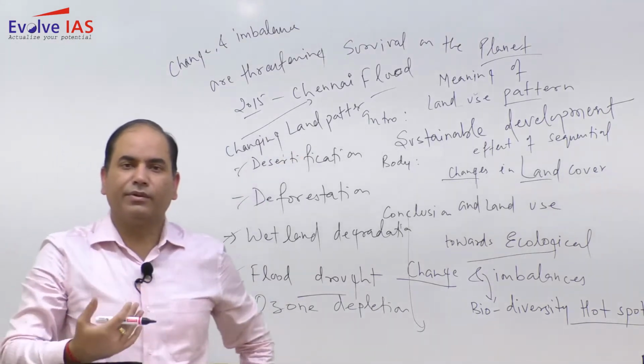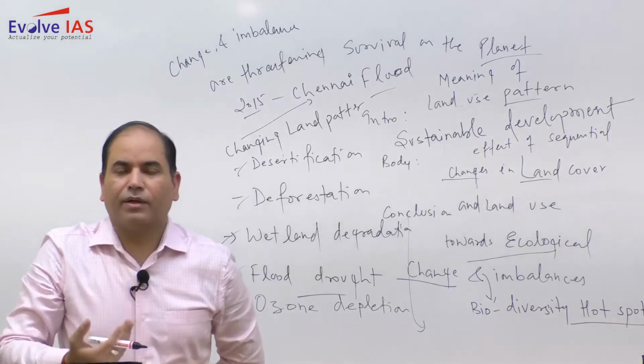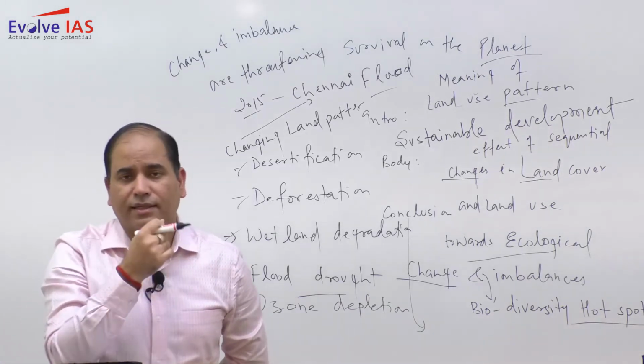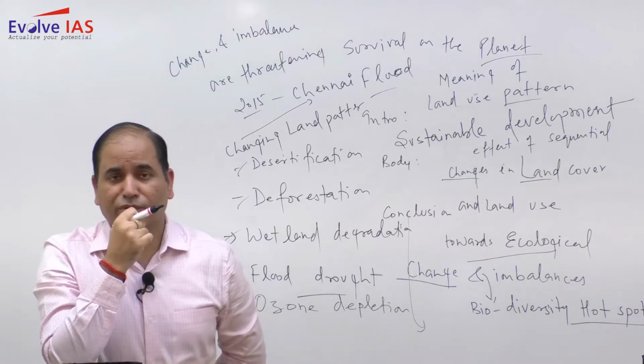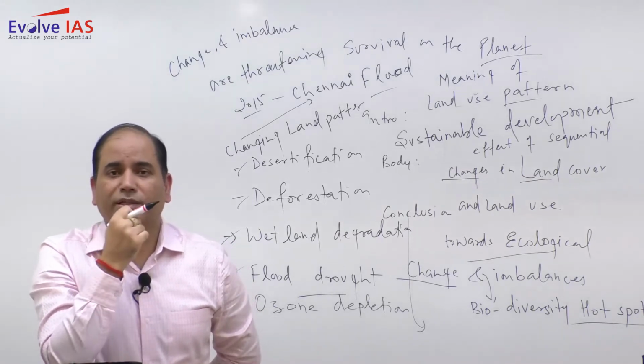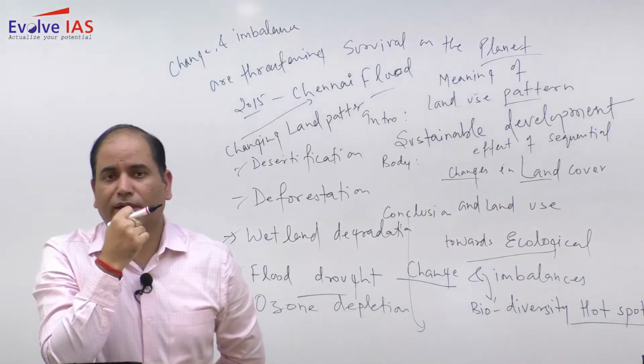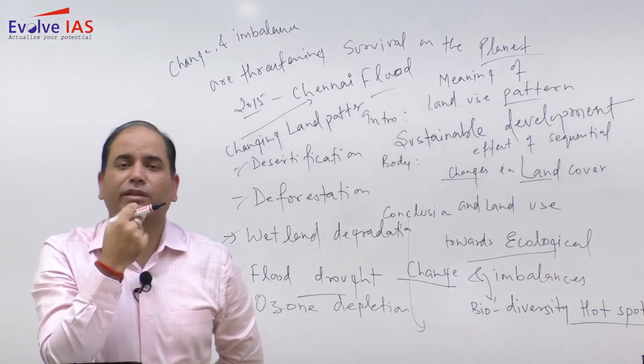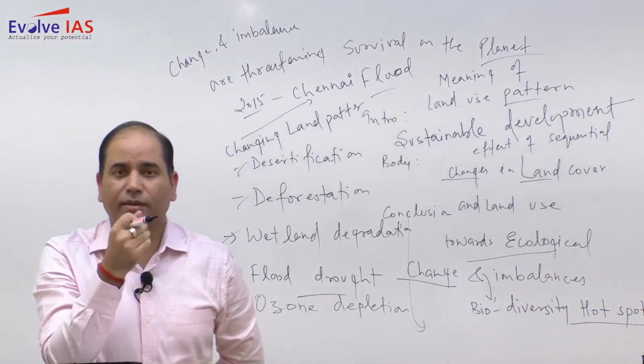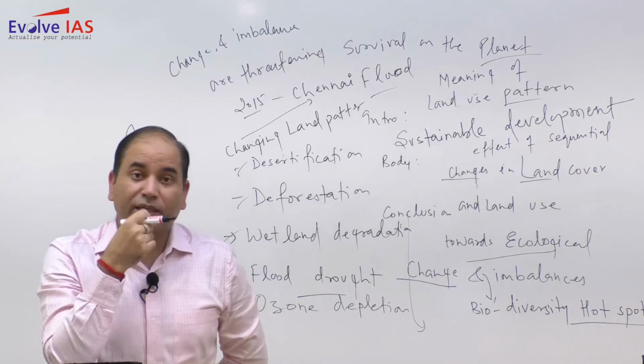In the conclusion, you can write any of these. Some case studies can also be given, like ozone depletion. Ultimately it resulted in the ozone hole. Then we went for the Montreal Protocol, Kigali Amendment.